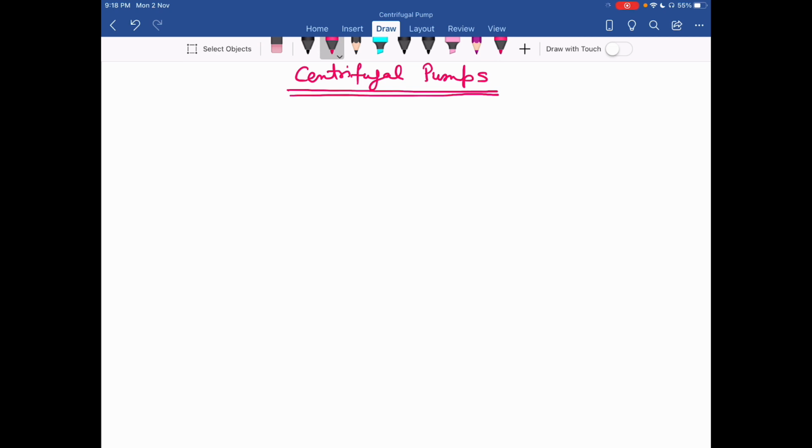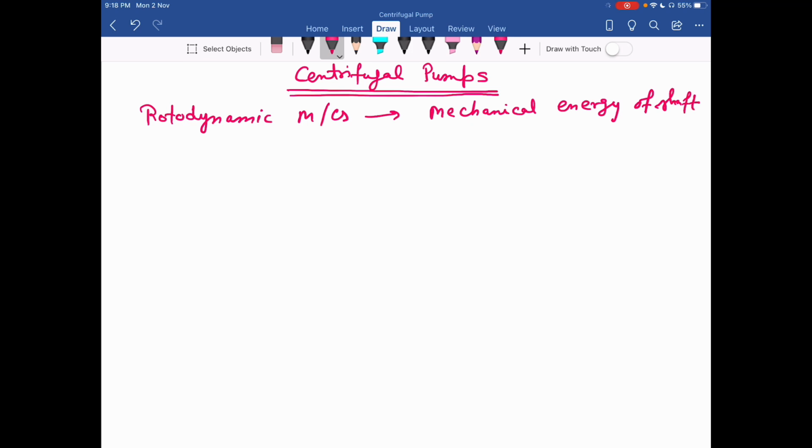So the centrifugal pumps are the rotodynamic machines that convert the mechanical energy of shaft into the kinetic energy plus the pressure energy of water.